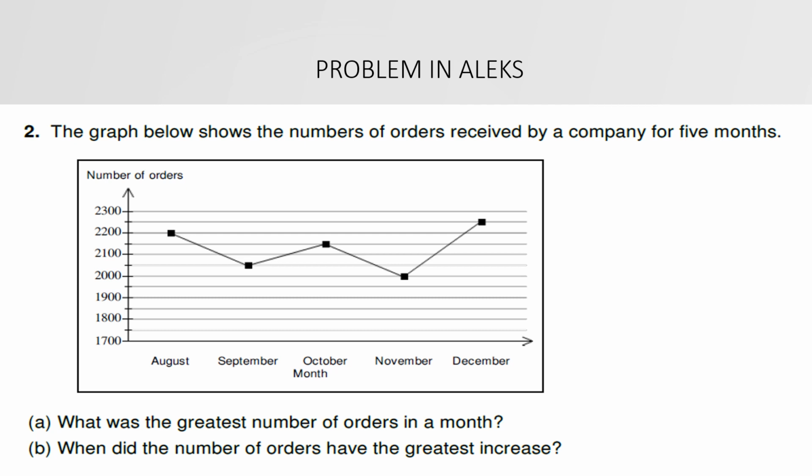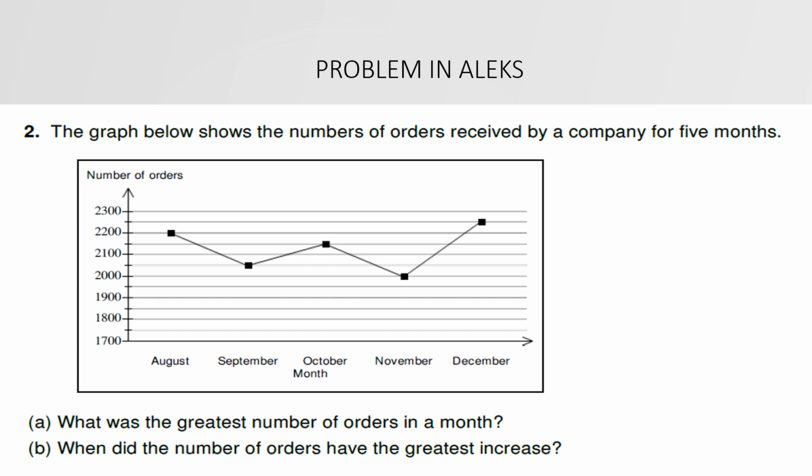In September, it was 2,050 because it's exactly in the middle between 2000 and 2100. So the middle is 2050. And you can see the same for all of the other months. They have a different value represented by a point.